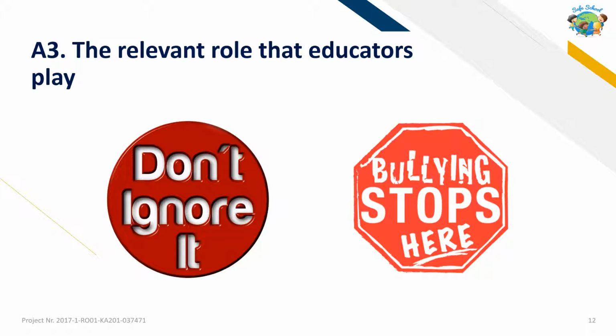So the role here is relevant since it can allow to stop a bullying case right in that moment, or identify signals, details that can prevent a future case of bullying. So don't ignore it.